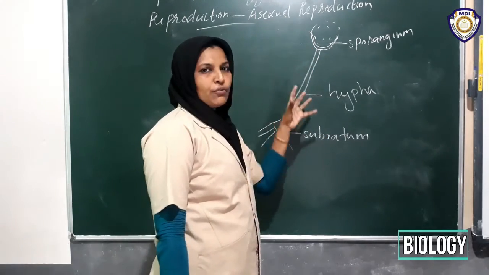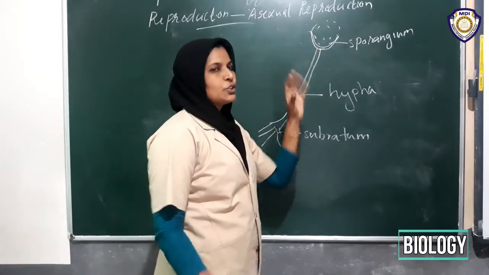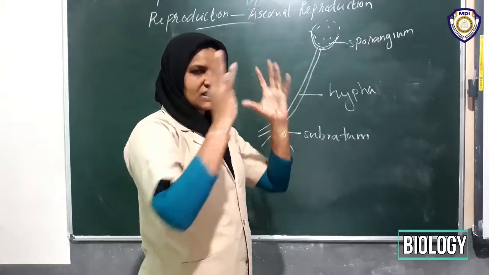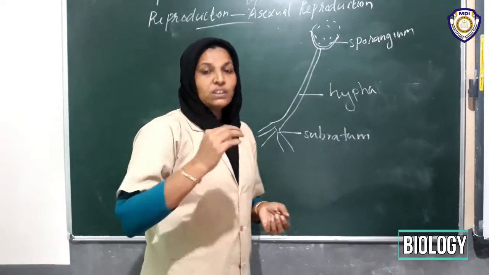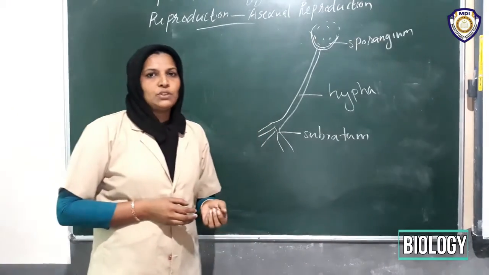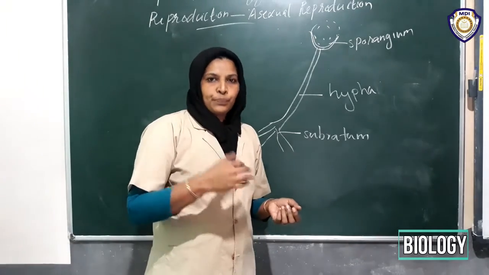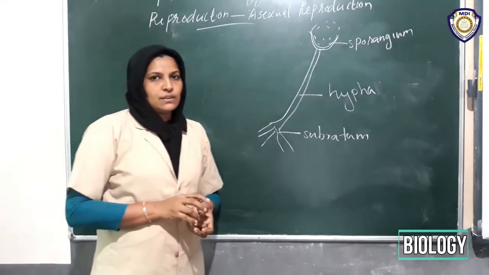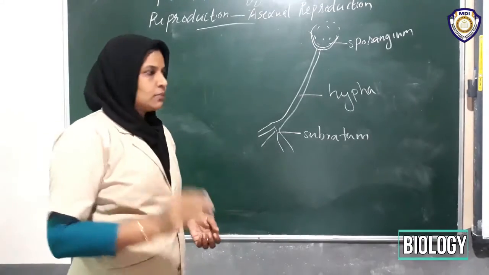When favorable conditions come, the sporangium breaks and releases a number of spores. Each spore develops into an adult individual. Are you clear? It is very important, so study the diagram also.